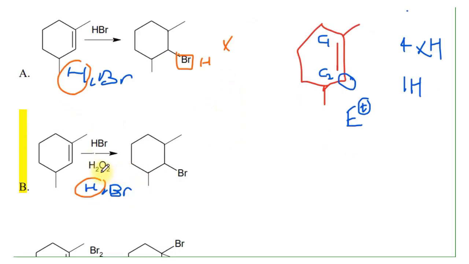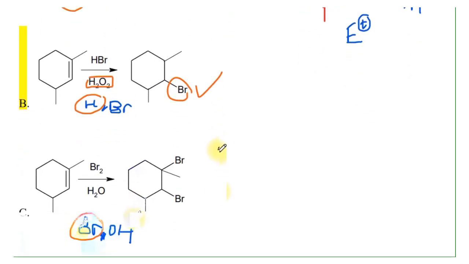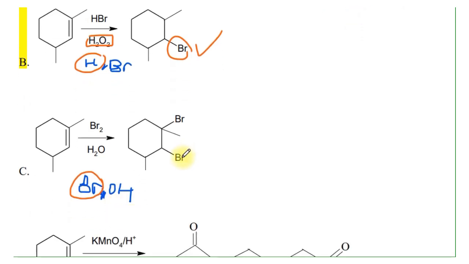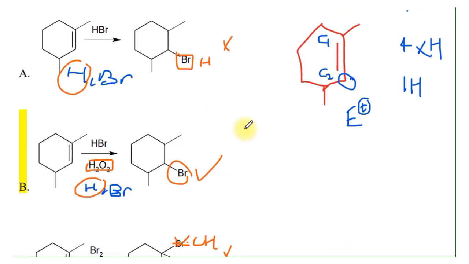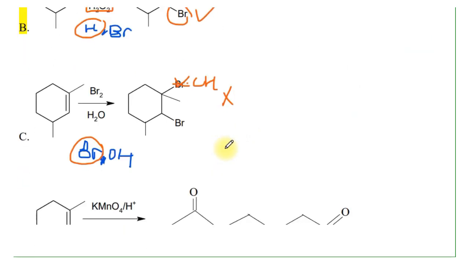This one has peroxide. By right, hydrogen should be added to here, but it is anti-Markovnikov, so Br is added to here, correct? This Br should be added to here. Another one should be here, hydroxide. So C is wrong. For the time being, answer B is correct, but we check D as well.